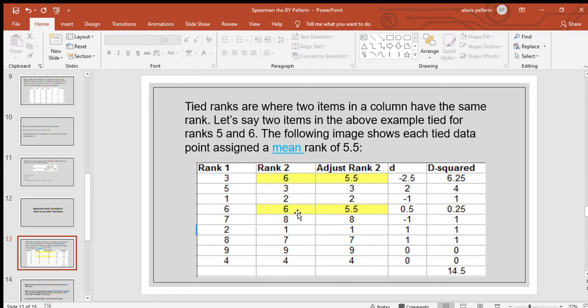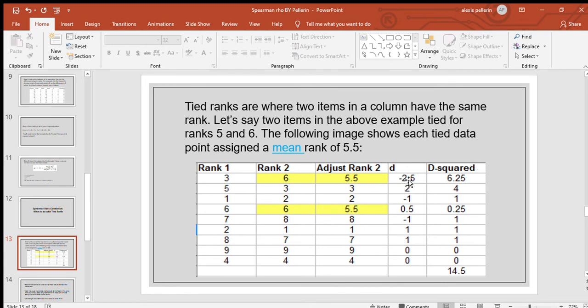In Spearman rank correlation, this cannot be, so we need to adjust it: 1, 2, 3, 4, then 5.5 and 5.5. We don't need to put 6 because this is considered as 5 and 6. Then 7, 8, and 9.